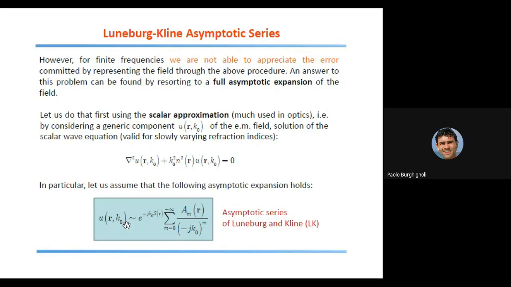And this must be understood in an asymptotic sense, as we now know, because of this tilde. So it's not an exact equality, but this holds asymptotically, exactly in the technical meaning we discussed in the last lesson. This is known as the asymptotic series of Luneburg and Kline, by the name of two scientists who introduced this in the 40s of the last century.